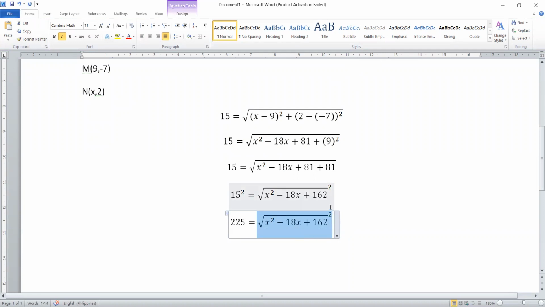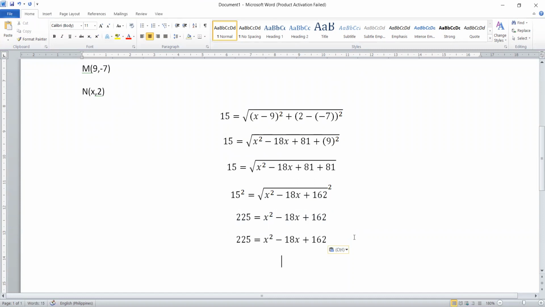And we can remove the square root now. Next, you have to transpose. So transpose 225 here. So that will become minus 225. So 162 minus 225 is negative 63. So this will become negative 63.